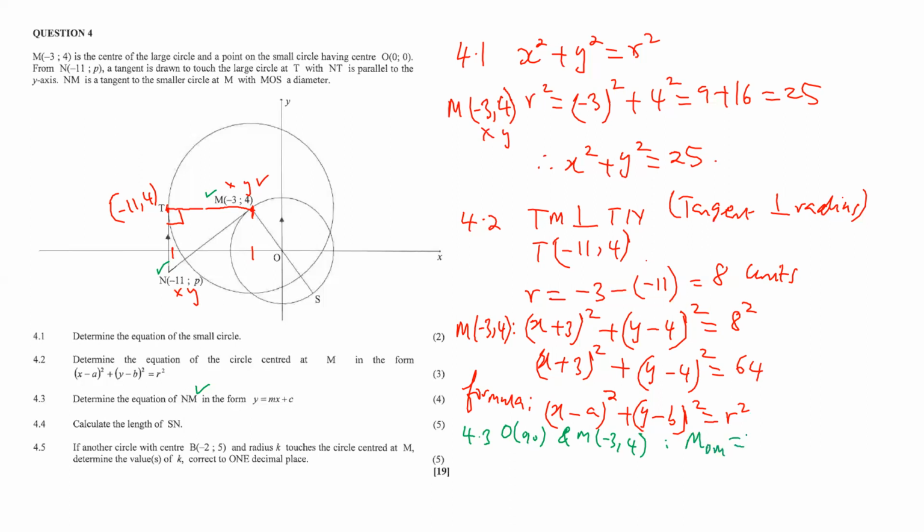So the gradient of the line OM is actually y2 minus y1 divided by x2 minus x1. So this one is x1, y1. This one is x2, y2. So what is y2? It is 4 minus y1, 0, divided by x2, minus 3, minus x1, 0. So this is minus 4 over 3.